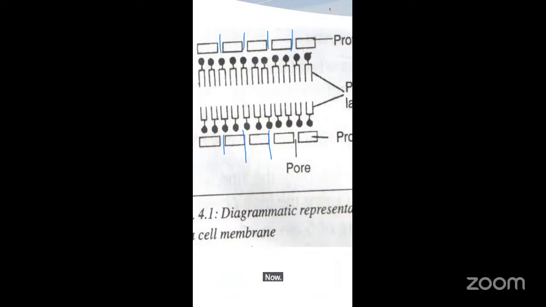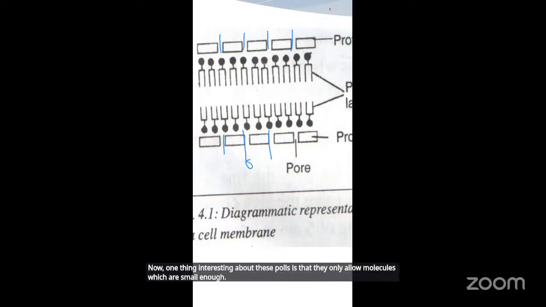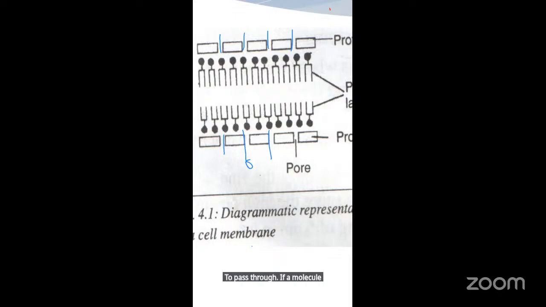One interesting thing about these pores is they only allow molecules which are small enough to pass through. If a molecule is so big such that it cannot fit through a cell membrane pore, it cannot pass. We call this semi-permeability.